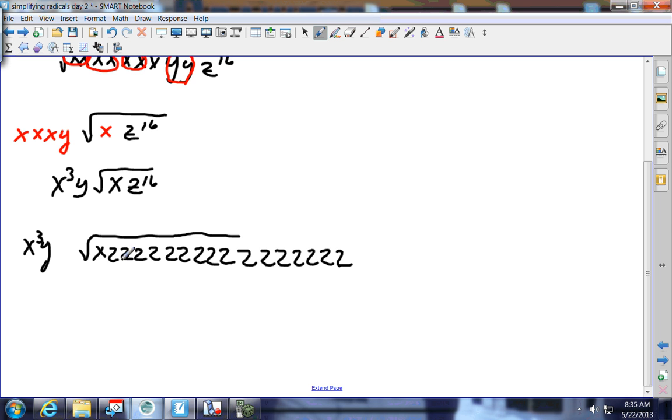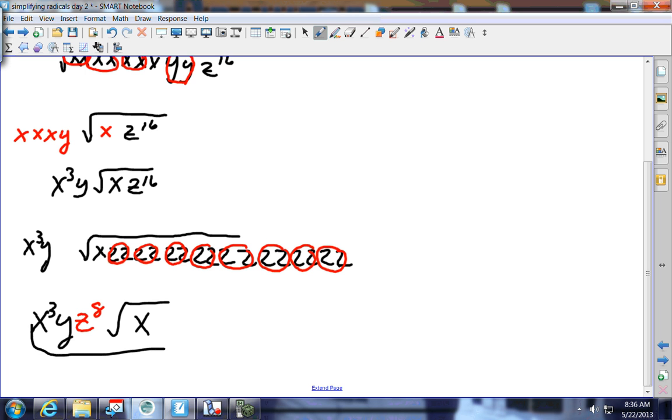How many pairs is that? 1, 2, 3, 4, 5, 6, 7, 8. Well, if you are looking on pairs, you could take 16 divided by 2, and that would tell you how many came out. So my answer is x to the 3rd y, z to the 8th, square root of x. That's your answer.